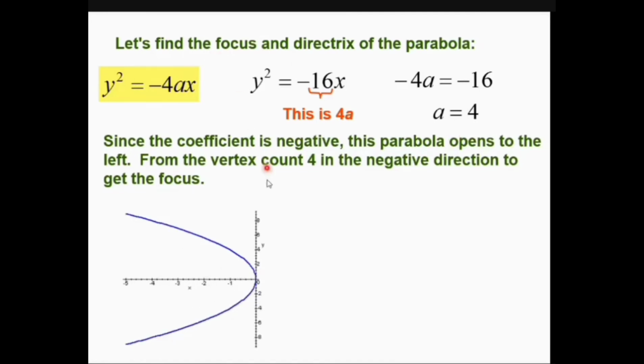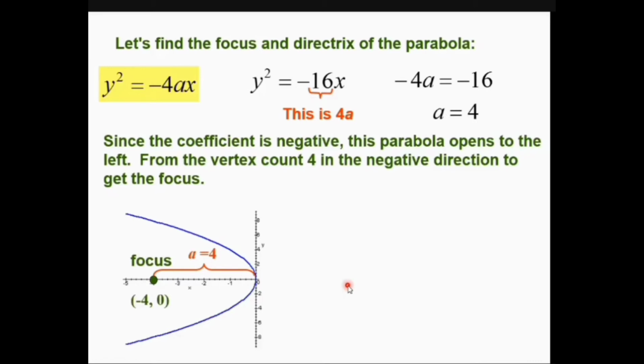Okay, so ito po yung vertex ng parabola. It is at the point of origin. So we know the value of a, that is 4 units, meaning since the coefficient of x is negative, we know for a fact that the parabola opens to the left. Okay? And we have the value of a to be equal to 4, meaning from the vertex, we will count 4 units to the left to locate the focus and 4 units to the right to locate the directrix.